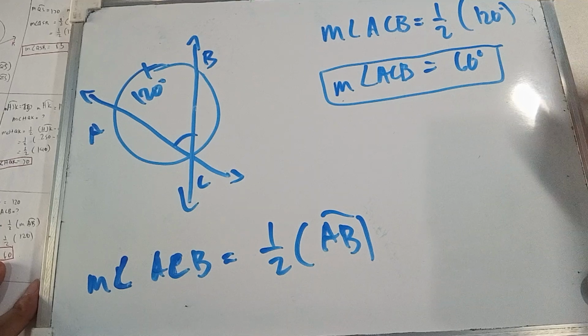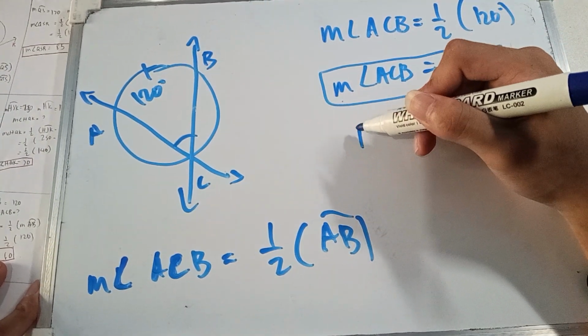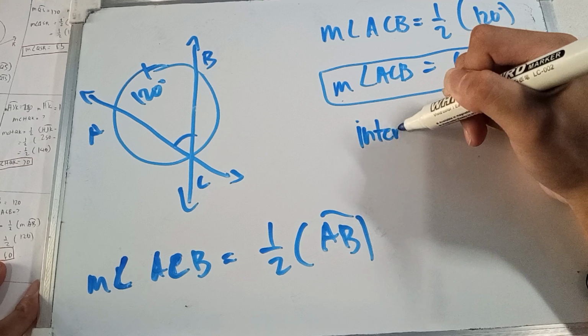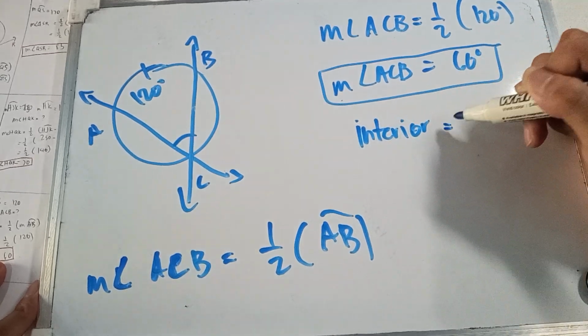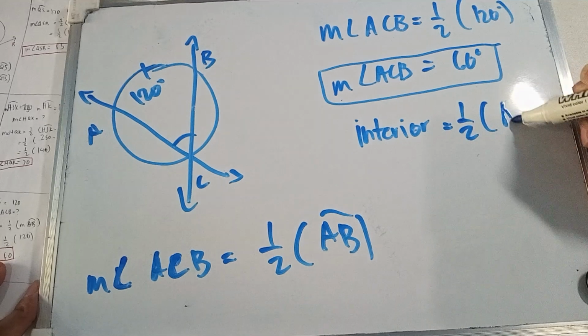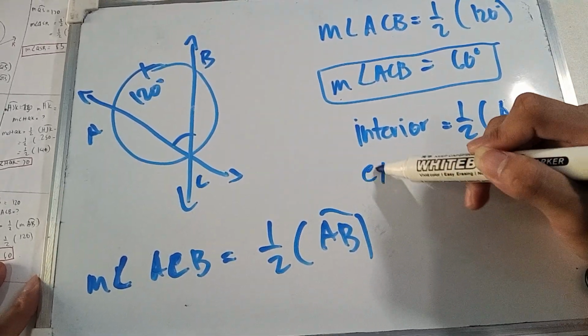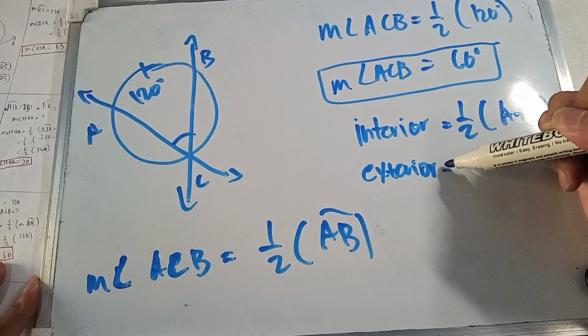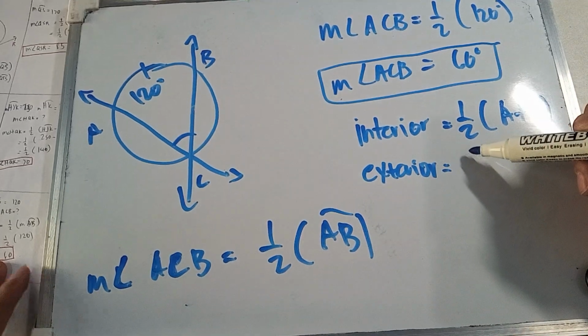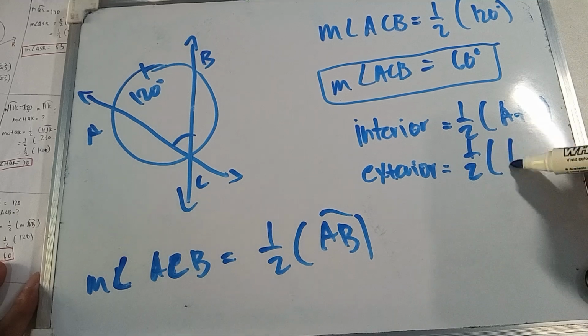So just take note that if the angle is at the interior, we add, or just take 1/2 of A plus B. But if it's in the exterior, it is a different thing but the same concept. In this case, we just subtract.